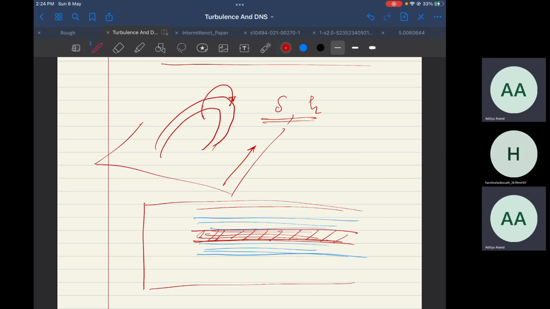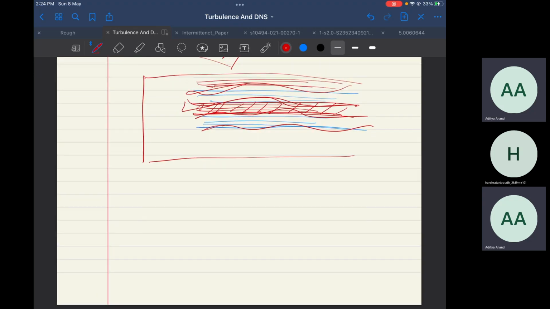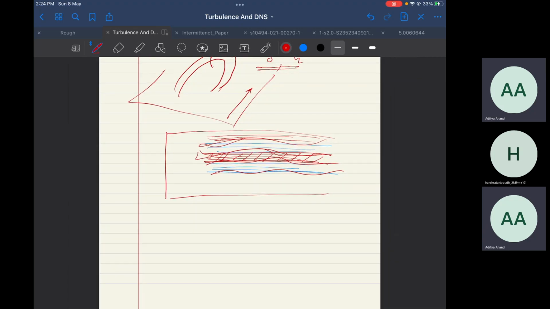You'll see these in alternating patterns. They're not usually straight. They usually meander, so there are undulations like this in these streaks. So these are meandering streaks present in the flow. These are some examples of the large scale structures.